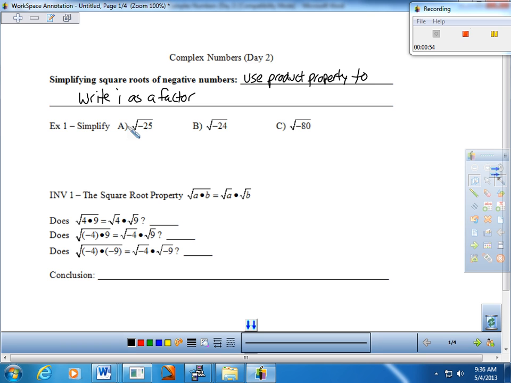And so now we're going to be able to represent it. And so in this particular case, just using the product property, I would just take this nice and simple and say that the square root of negative 25 can be written as a product of the square root of 25 times the square root of negative 1.